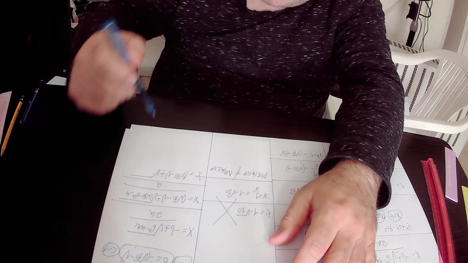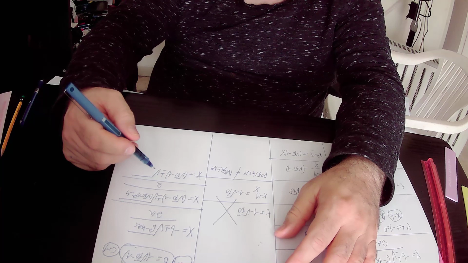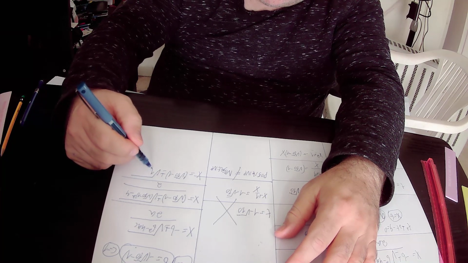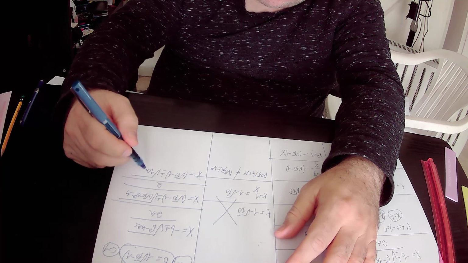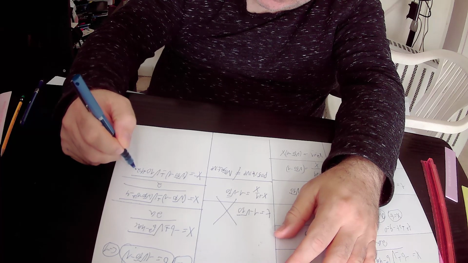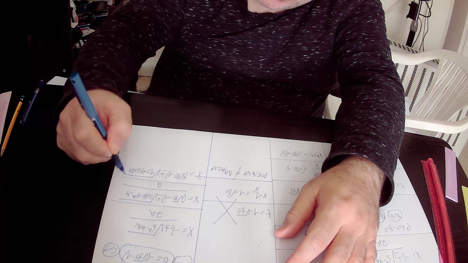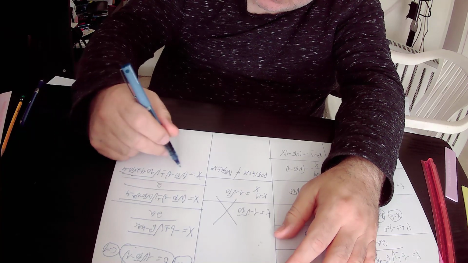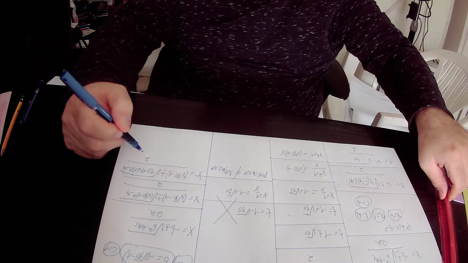So a is square root of 10, and a squared is square root of 10 squared, that is actually 10, plus b squared, 1 squared, is 1, minus 2 times a, which is square root of 10, minus 4, all divided by 2. Okay?